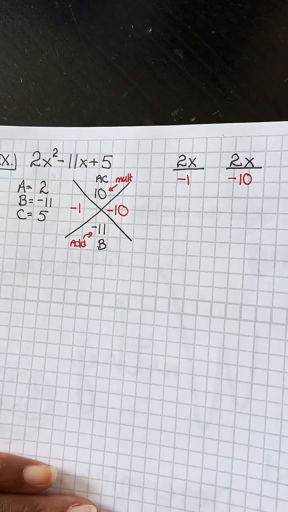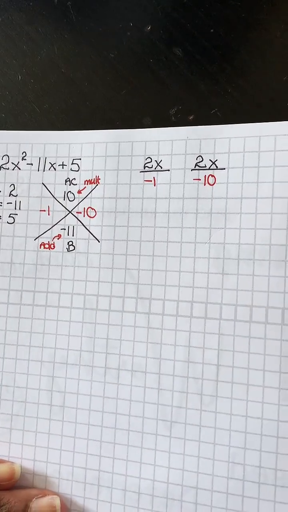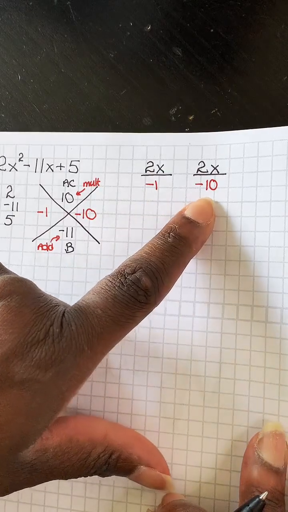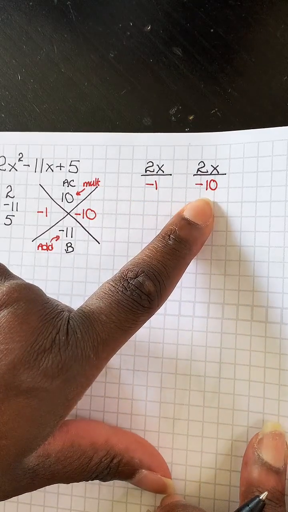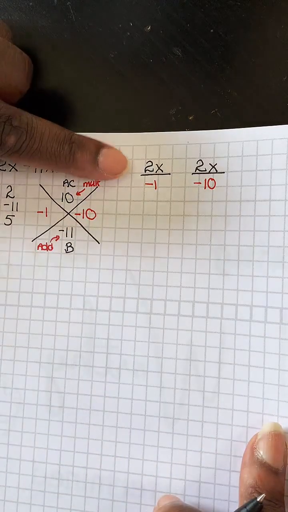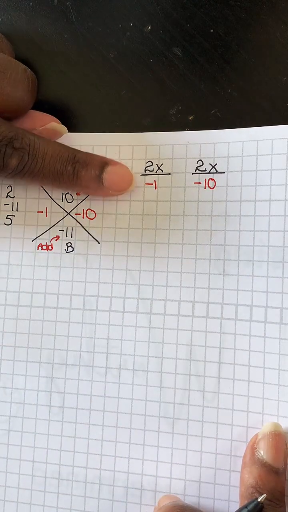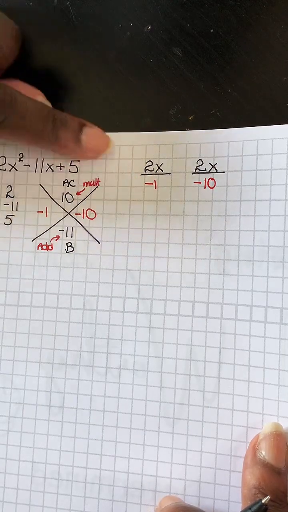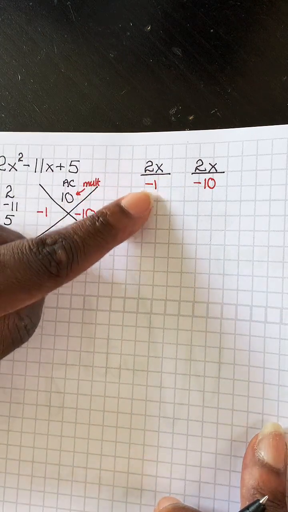For this case, we're going to treat these two as fractions, and we're going to see if we can reduce them. This first one, we have a 2 and a negative 1. The only thing that they have in common is 1, so this is already simplified.